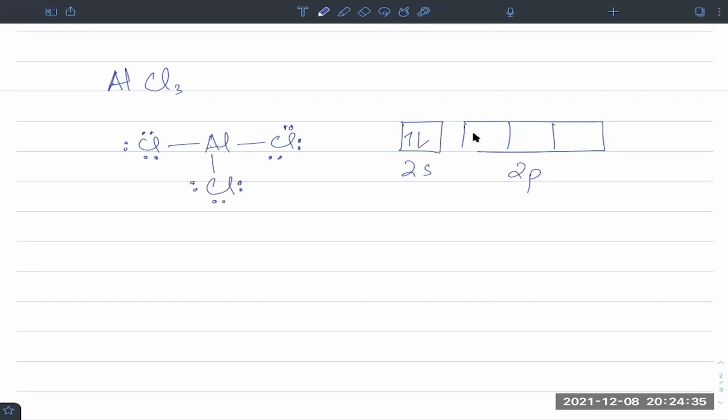So 1, 2, and 3. So technically, aluminium shouldn't be able to make all of this. In fact, aluminium should make only one bond because it has one p orbital in which it wants to share an electron and overlap it to make a complete orbital. Remember, I told you that a bond is nothing but overlapping of orbitals to complete them and to get a symmetric cloud. And that is how they do it.